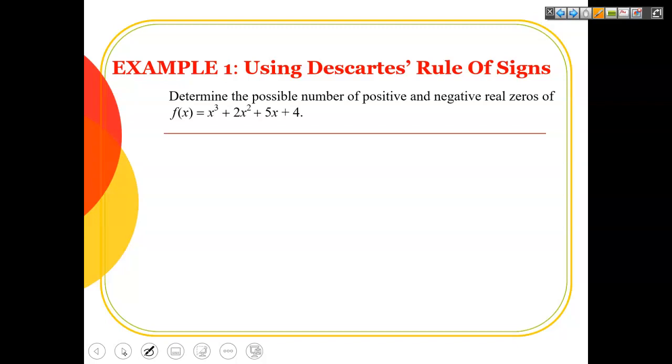So using that rule, determine the number of positive and negative real zeros. No sign changes, therefore no real zeros that are positive. No sign changes, no positive real zeros.